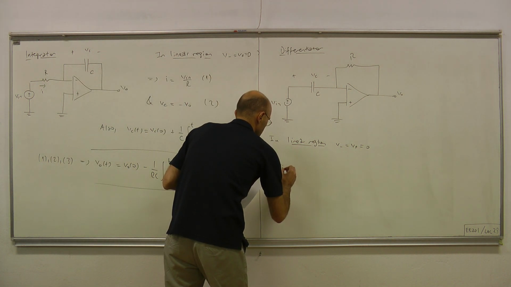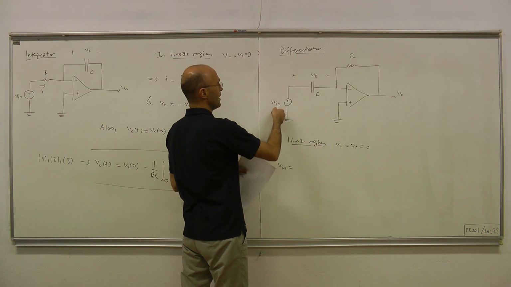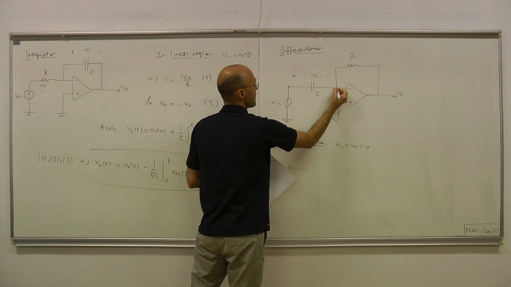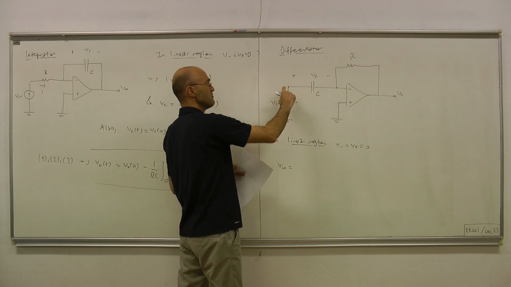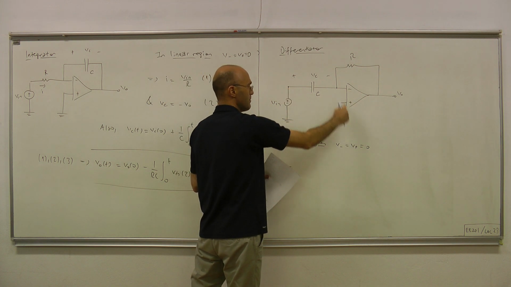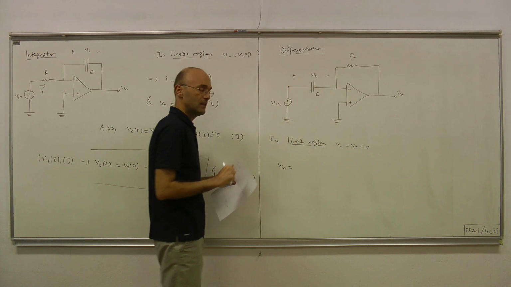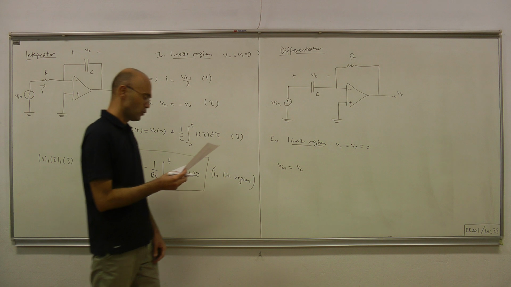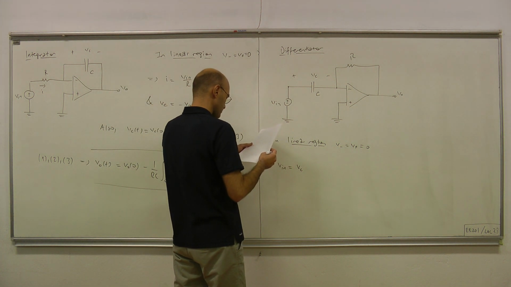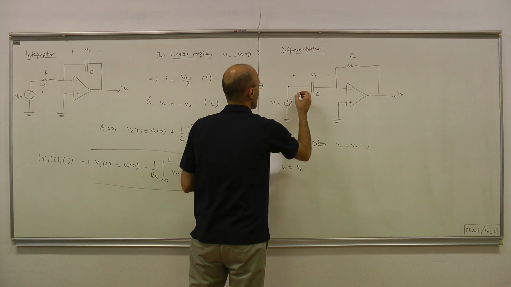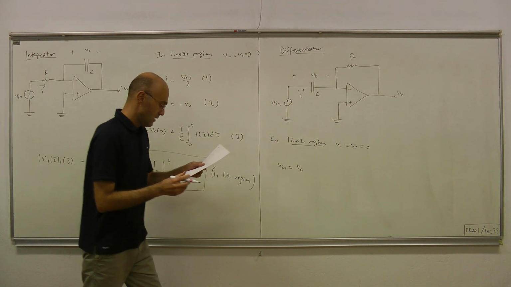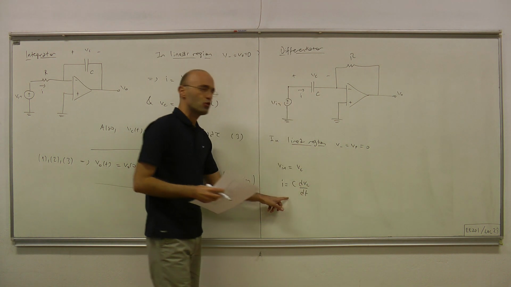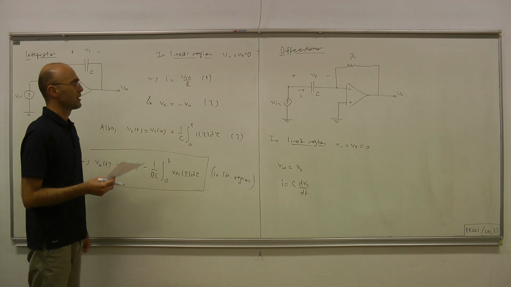And VC equals this node voltage minus that node voltage. This node voltage is V in, and that node voltage is V minus, which is 0. Therefore, VC equals V in. That's one observation. The other observation is, let's call this I, the current. I equals C dVC/dt. That's the terminal equation for the capacitor.